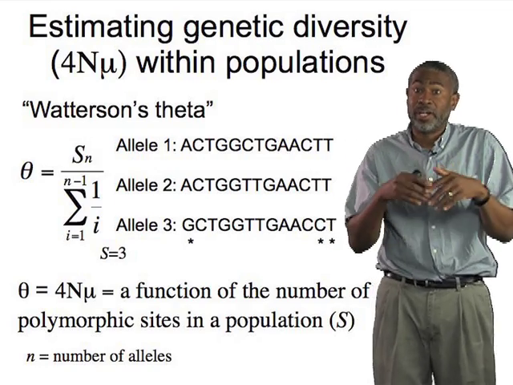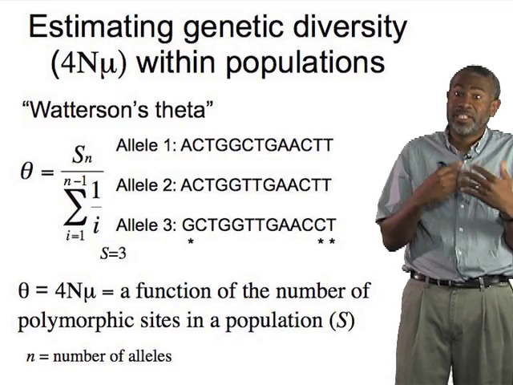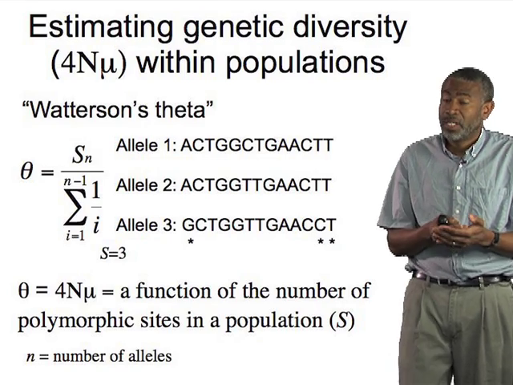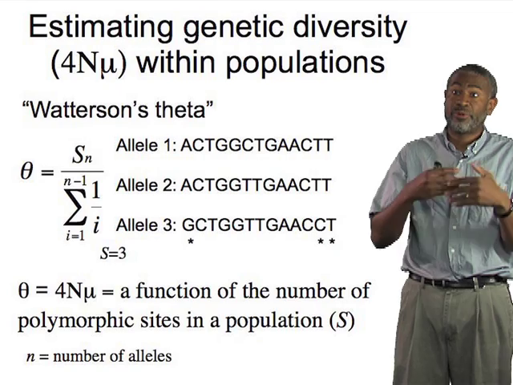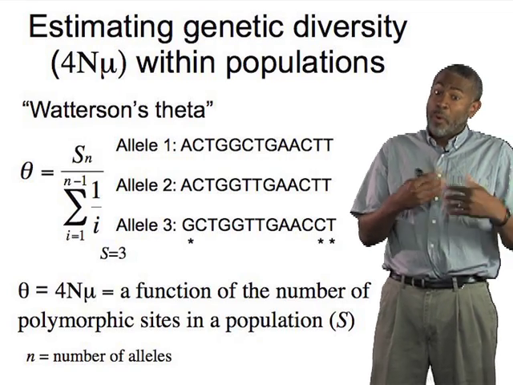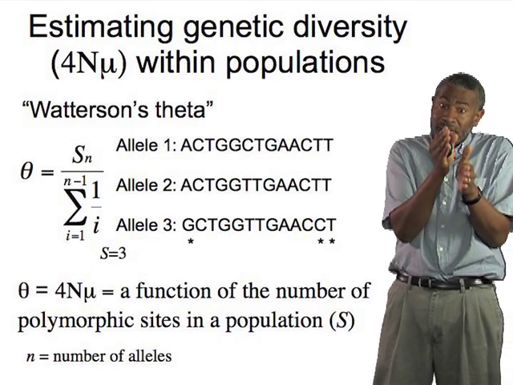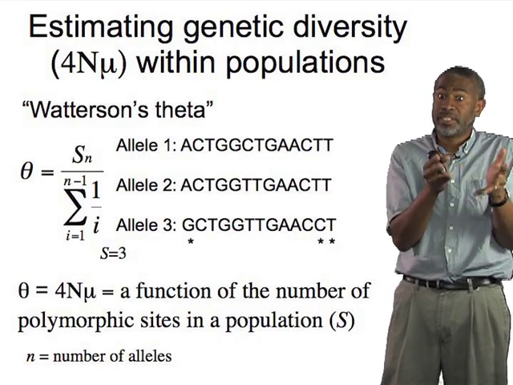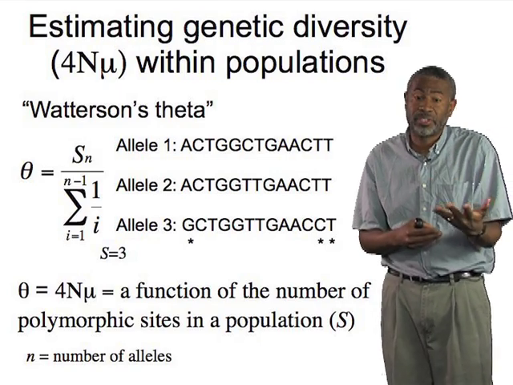And what I've shown you here is a way of measuring this from very straightforward genetic data from a population. So let's say we have sampled 3 alleles, 3 forms of a gene in a population. What we're going to do is count the number of differences, the number of single nucleotide differences in those alleles. In this example here, you can see there are 3 differences.